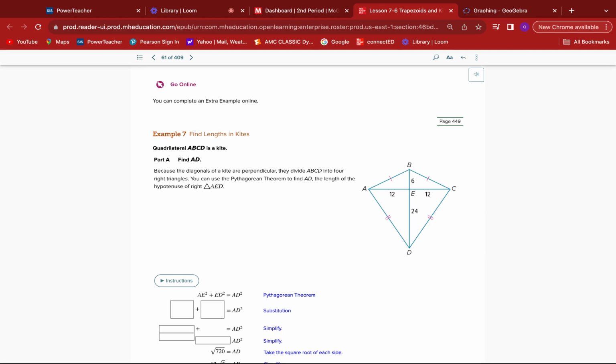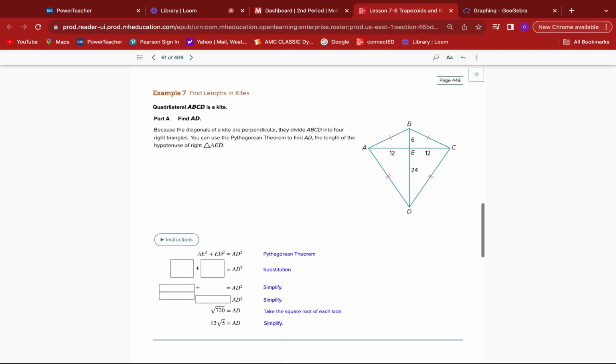I'm on page 450 of your workbook, and it says it's a kite. I got to find AD. Well, whatever AD is, CD is, because they are marked equal. All right, and it says the diagonals of a kite are perpendicular.